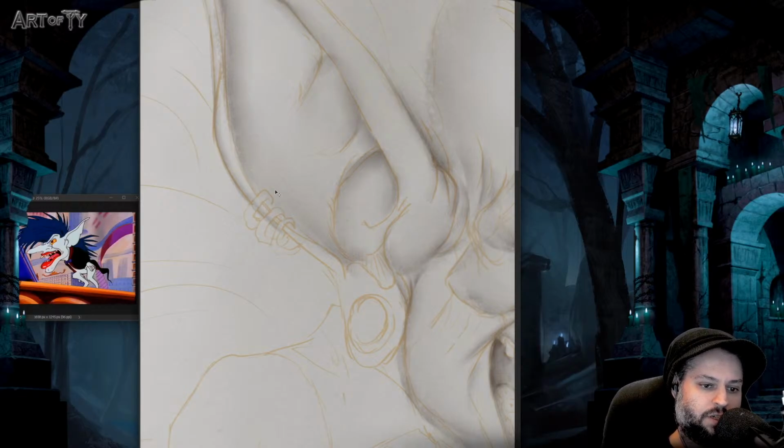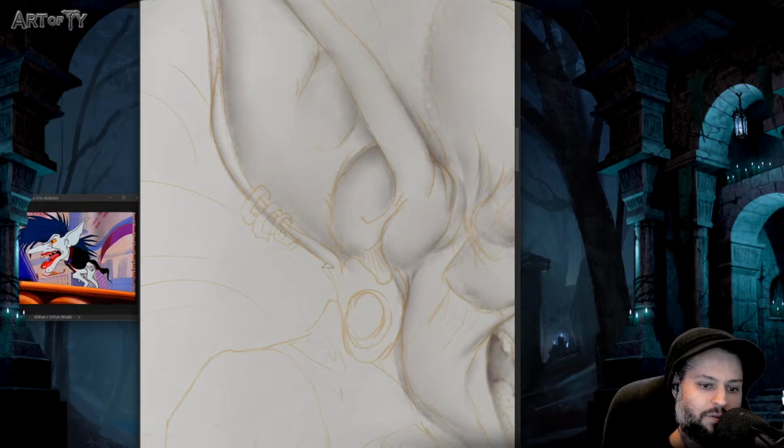I think we'll just cheese this and paint the edge all the way through and then erase for the earrings.